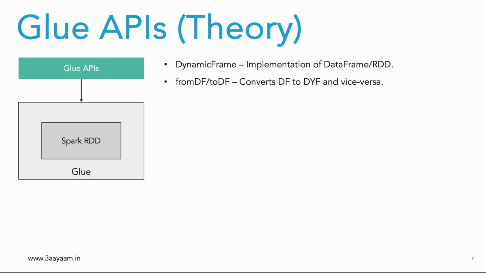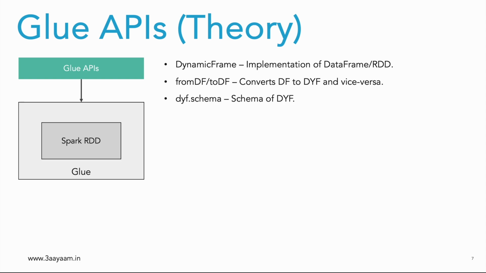If you want to convert a data frame to a dynamic frame, you'll use the fromDF API. And if you want to convert a dynamic frame to a data frame, you'll use the toDF API. You can use these two APIs to convert them from each other within the script itself.